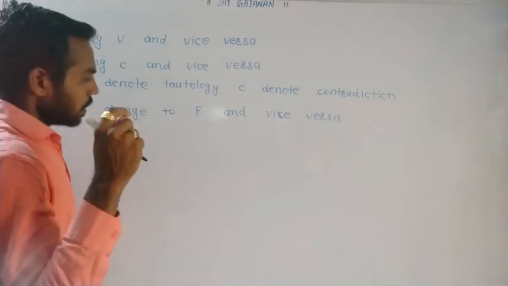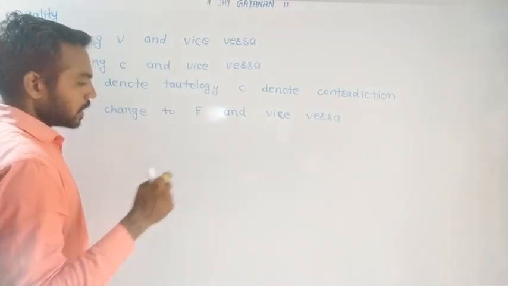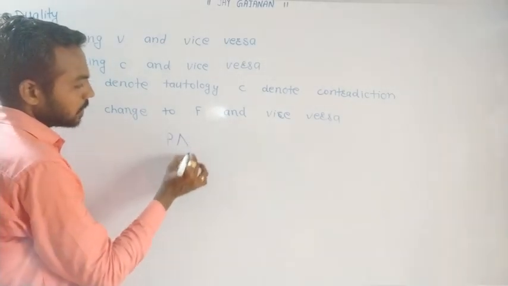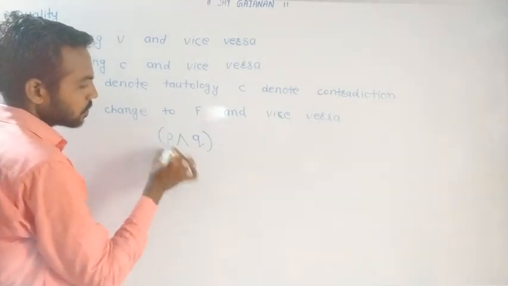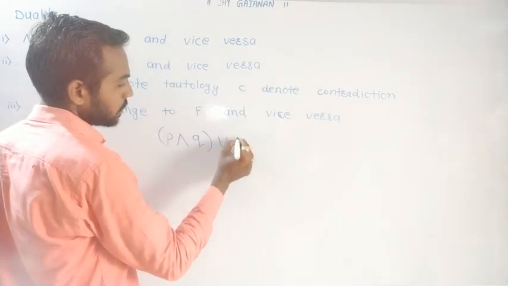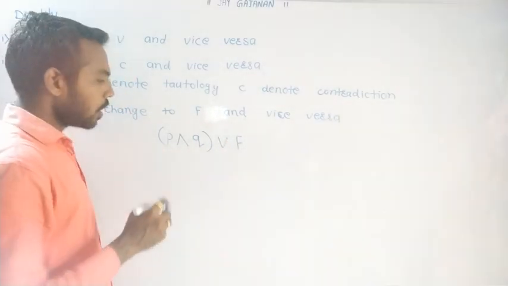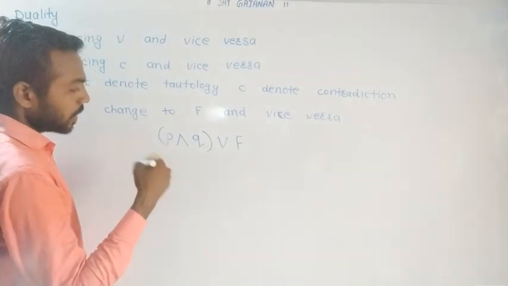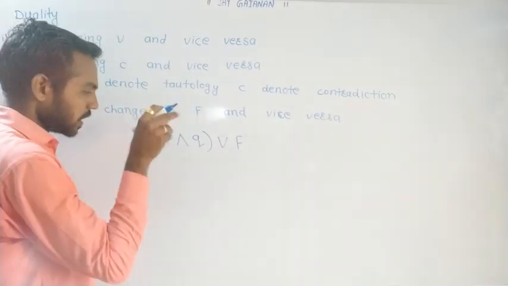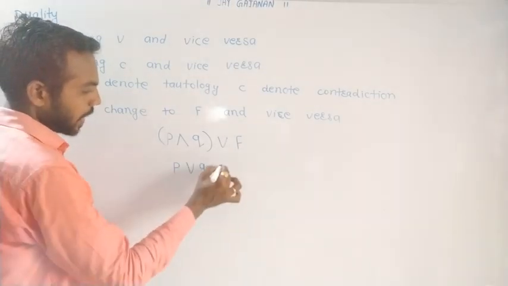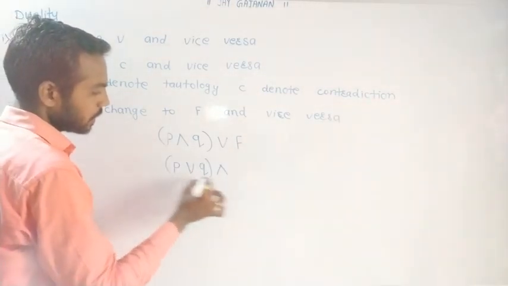Now, if we have a compound statement P and Q or capital F, then the dual of this statement will be P or Q and F replaced by T.